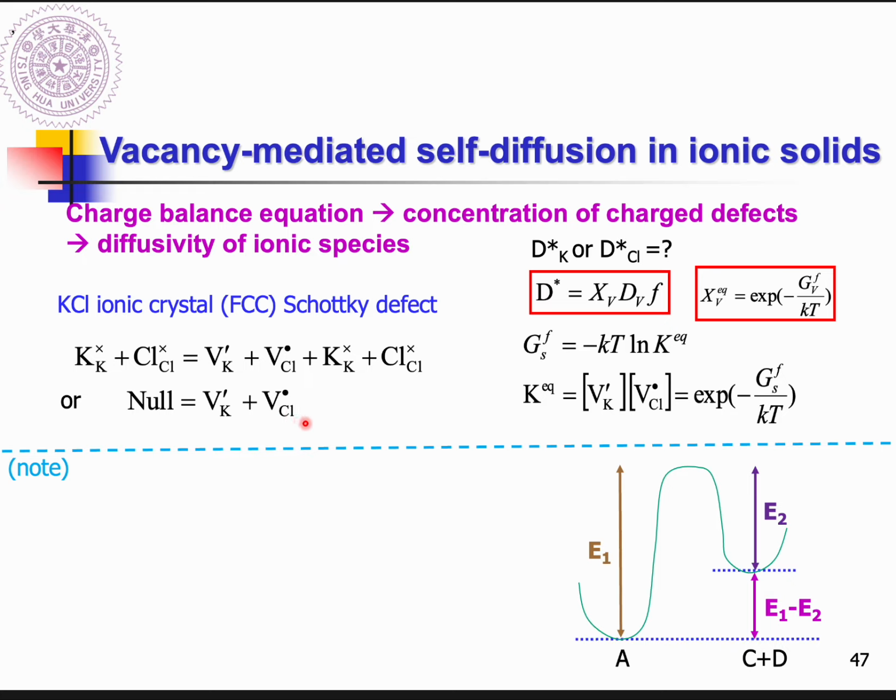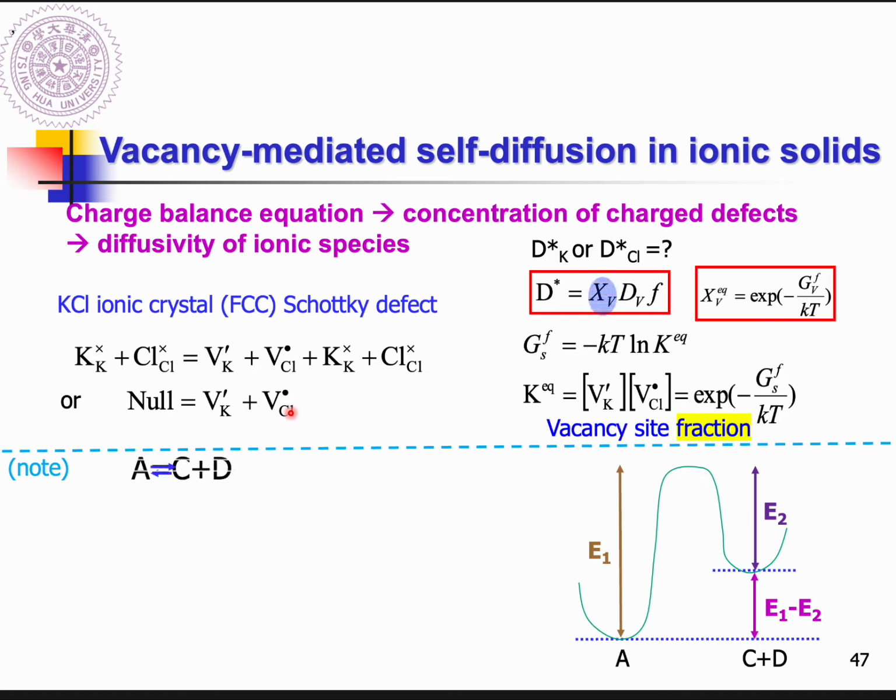So based on this equation, I believe you can write down K equilibrium, the rate constant at equilibrium conditions, which will be expressed as these fractions times these fractions.